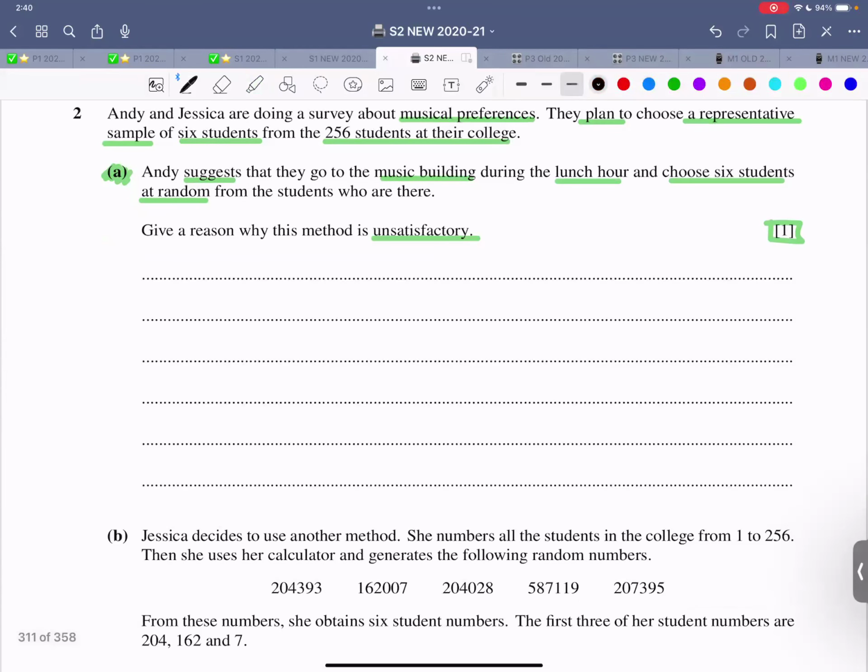Now there are different reasons. The first one is that during lunch hour, people would have gone for lunch, and it's not necessary that they are all lunching in the music building. They have gone for lunch elsewhere.